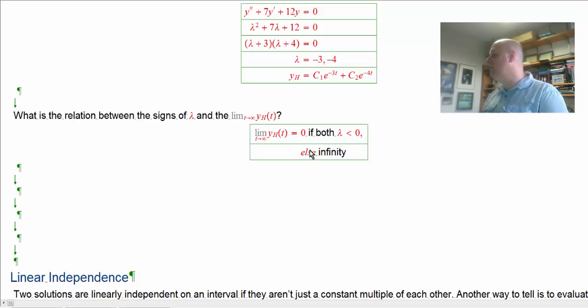And if we want to be perfect here, it'll be plus or minus infinity, but it's unbounded. So the homogeneous solution, as t approaches infinity, always eventually goes to either 0 if both eigenvalues are negative, or infinity if both of them are positive or if one of them is positive.